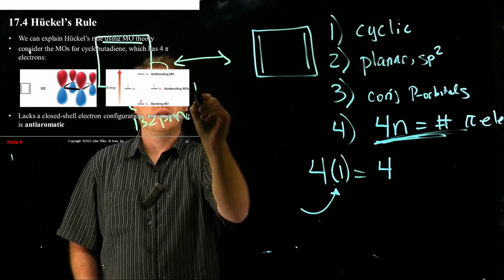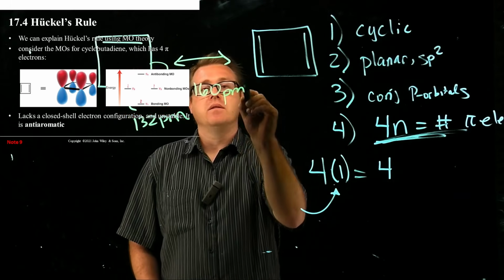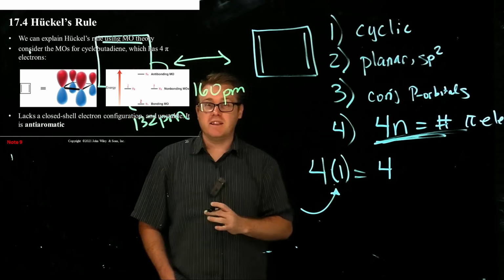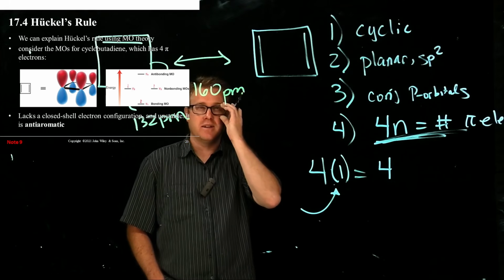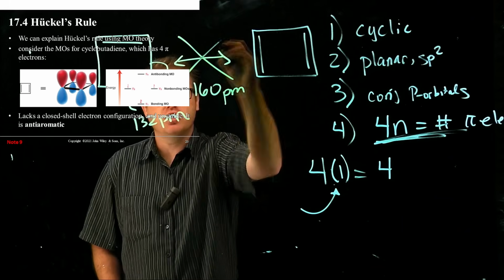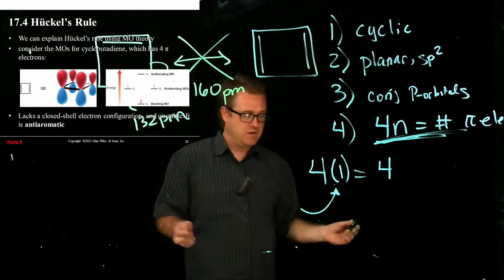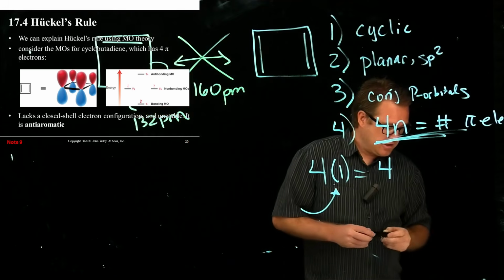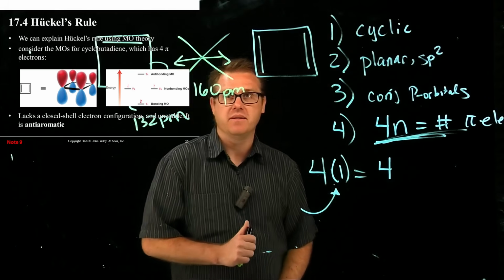And then that bond length is 160. The bond lengths are different. They're totally different. So if they're different, then that means there's no resonance in this cyclobutadiene.